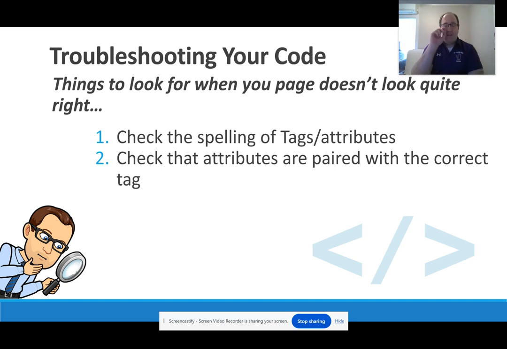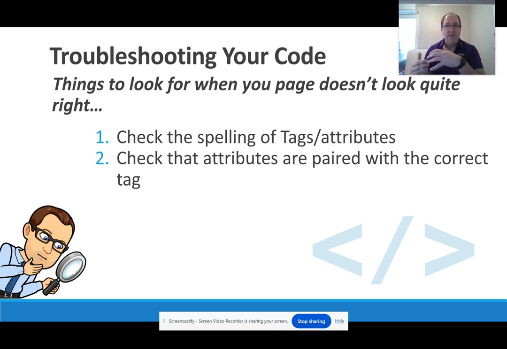Secondly, let's check to make sure that the attributes are paired with the right tags. This just takes a lot of getting used to, or referring to your notes as you're developing, that certain attributes get paired with certain tags. And we're seeing this also now that we've introduced the style attribute, style equals, and then we've done a lot of text formatting that are all style equals and then some properties in that style tag.